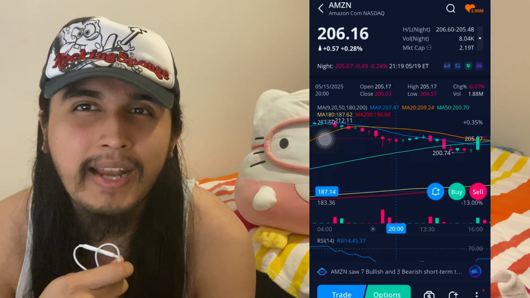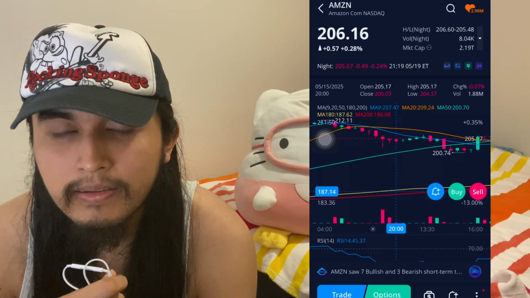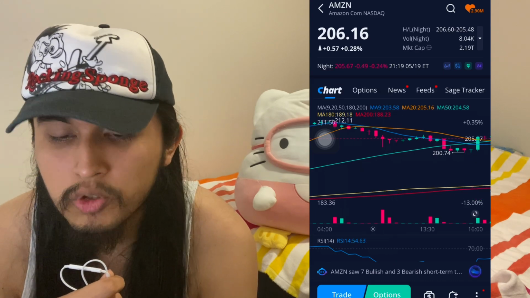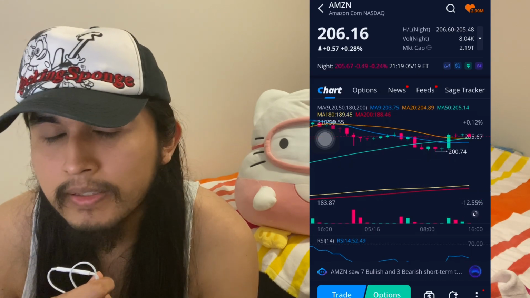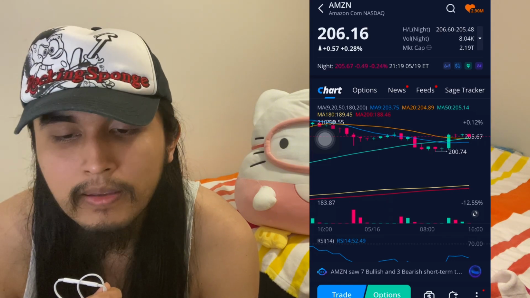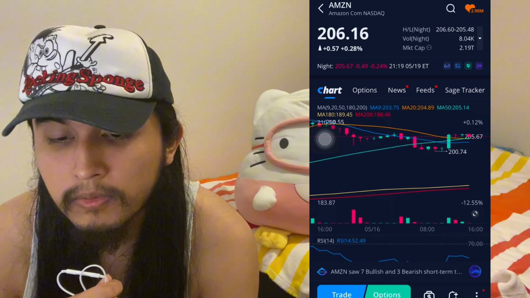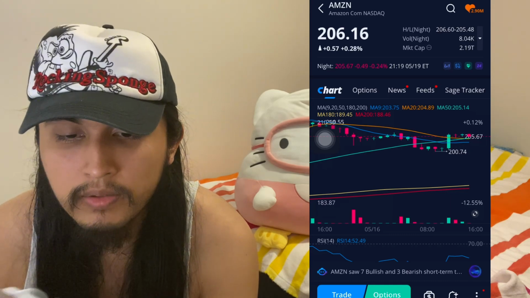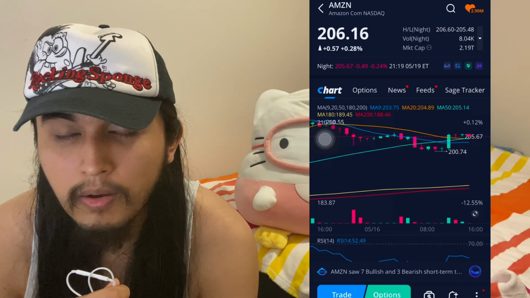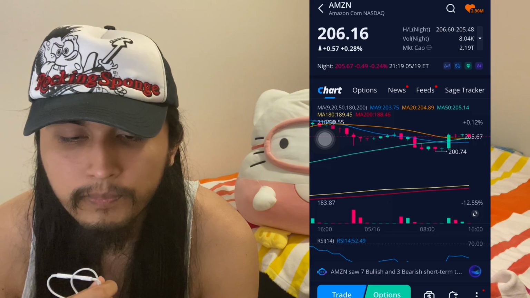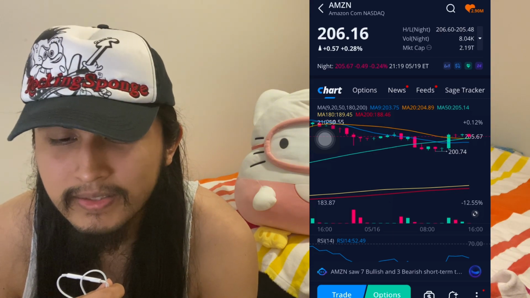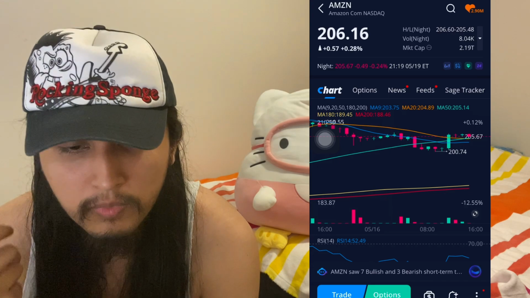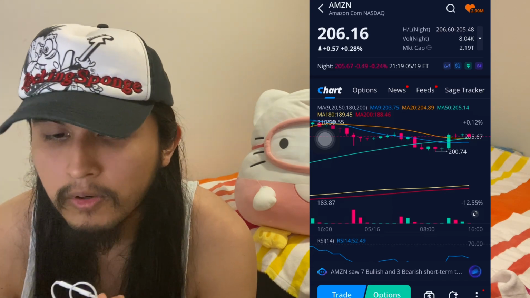And usually when that happens, that indicates that the stock is going to enter into a bearish trend. Typically that doesn't happen all the time, obviously, just like any technical indicator. But since I day trade all day, I try to remember the patterns that occur with moving averages.